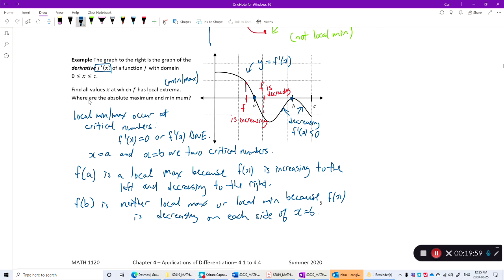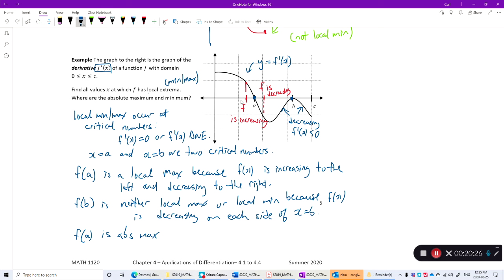So last question, where are the absolute maxima and minima? I'm just going to be brief here because I actually need to end this in a moment, but f of a is the absolute max. Why is that?